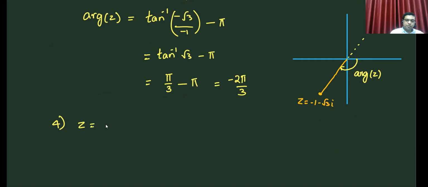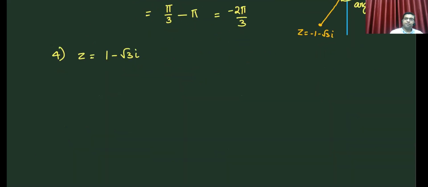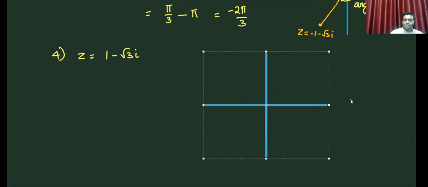Last part, z is equal to 1 minus root 3i. This is the argument.